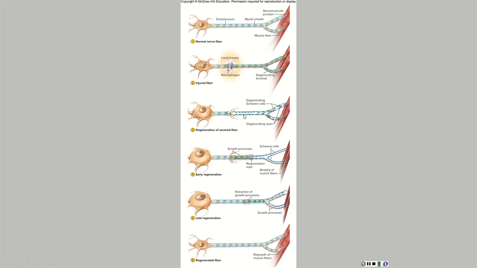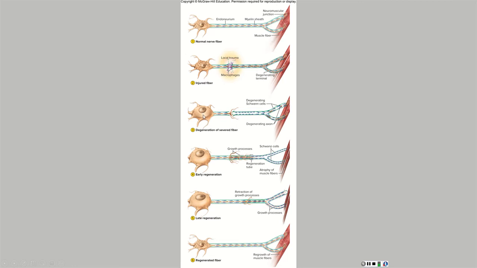It's basically a hollow tube where the axon will eventually regrow. Now, on the other end, the soma is going to start to swell up, and that's for a few reasons, but one of which is it's starting to produce a lot of the materials needed for this axon to regrow.